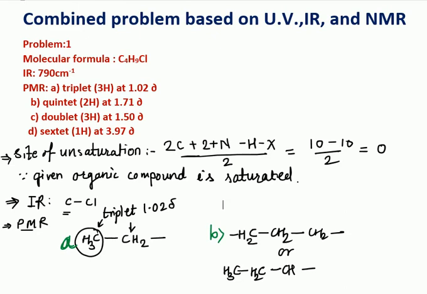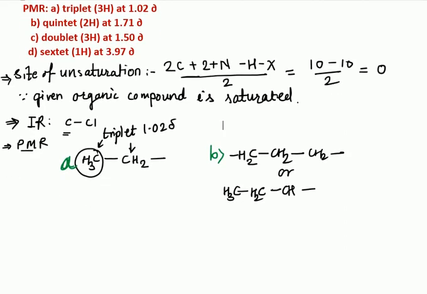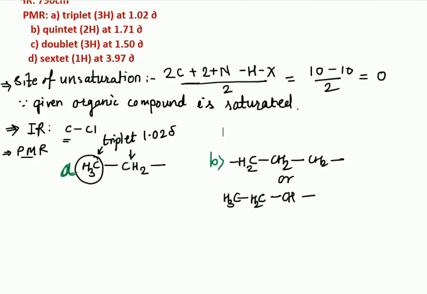As we know, singlet means one signal, doublet means two, triplet means three, quartet means four, quintet means five, and sextet means six signals.